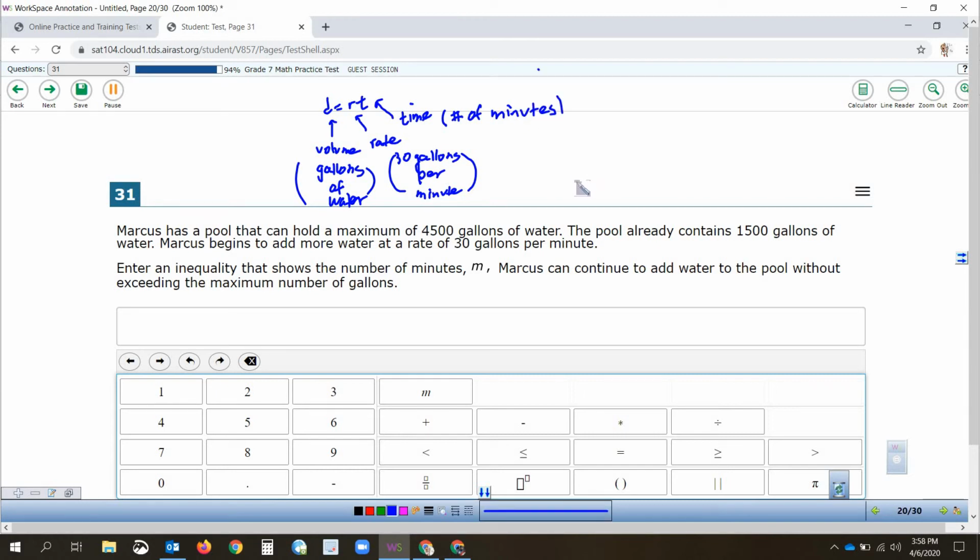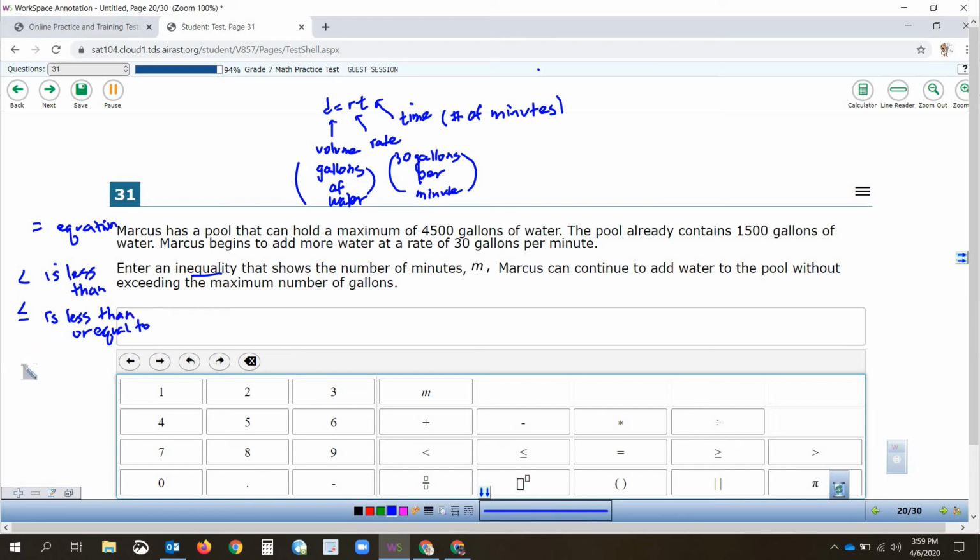Number of minutes. Okay, and notice it says enter an inequality. Just a reminder, if we're writing an equation, it will have an equal sign. If we use one of these, that's going to be an inequality, right? So this one means is less than, right? This one means is less than or equal to.